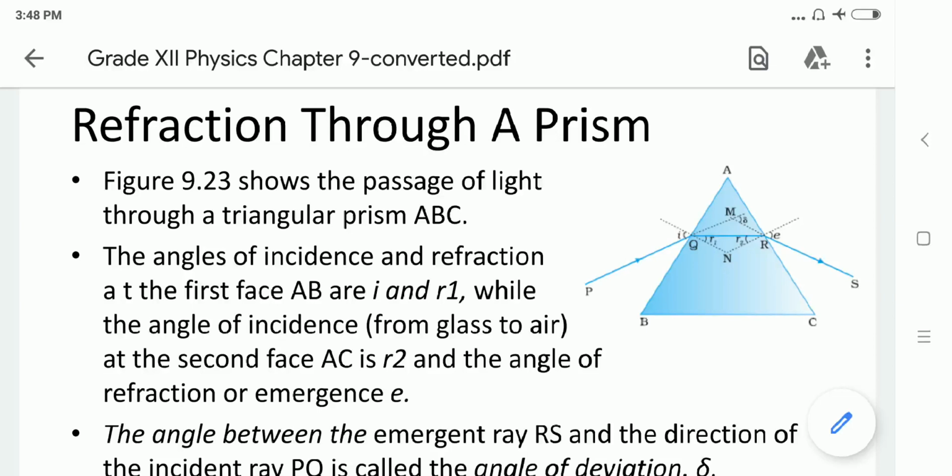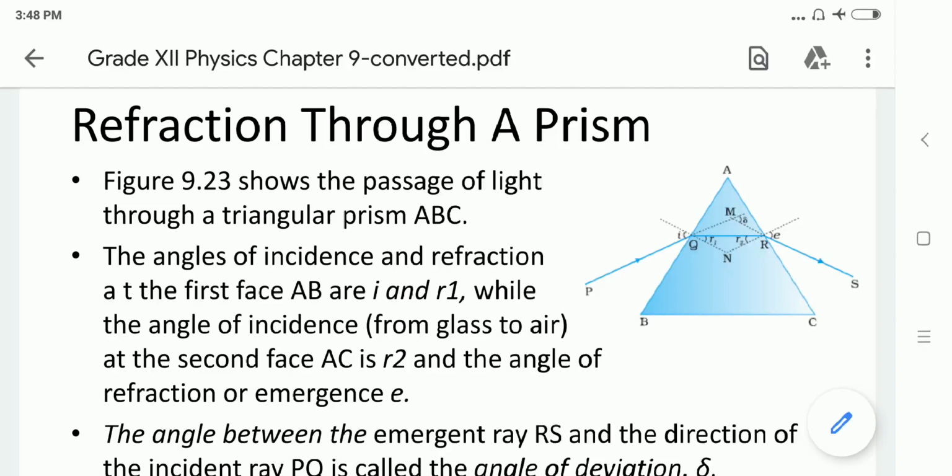RS is the path taken by the light in the air. PQ is the incident ray and RS is the emergent ray. PQ is in the air, and RS is also in the air.